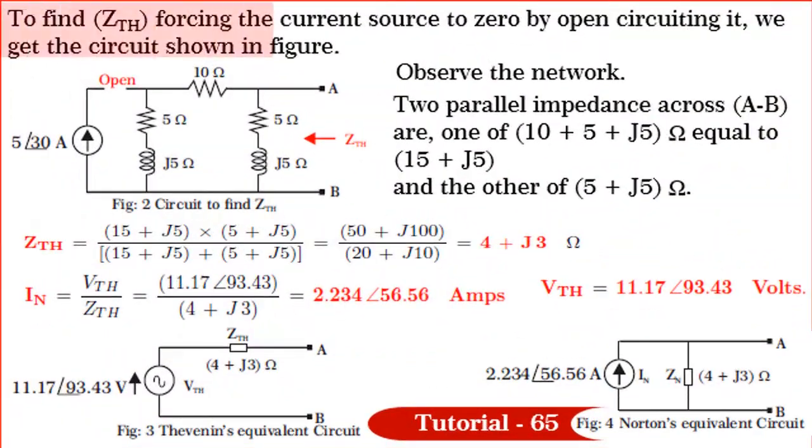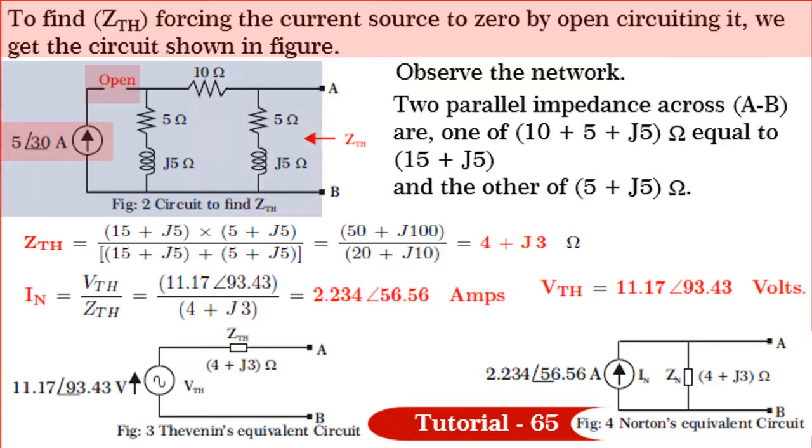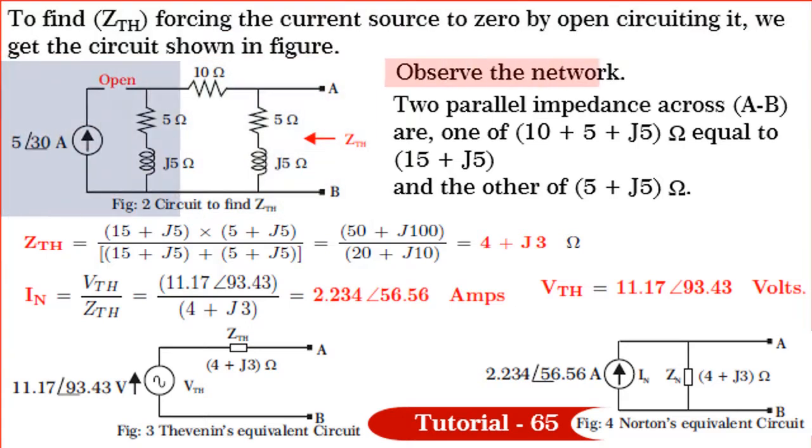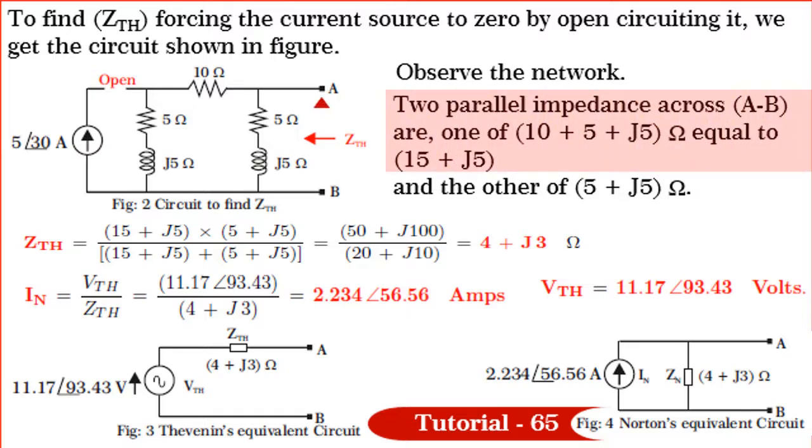Friends, to find Z Thevenin, forcing current source to 0 by open circuiting it, we get the circuit shown in figure. Observe the network. Now, the network has two parallel paths across the terminals A and B, one of 10 plus 5 plus J5 equal to 15 plus J5 and the other of 5 plus J5 ohm.